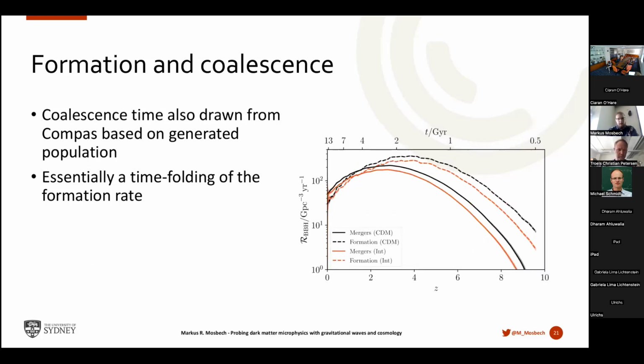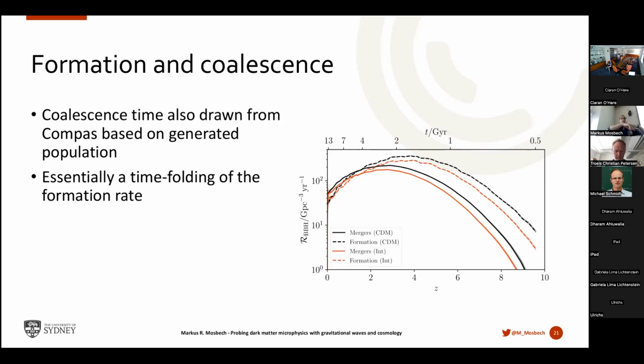So if we try to compare the formation of the black holes and when they coalesce, we get the binary merger signal. That's essentially a time folding of the signal, because you have some probability of when you form your black hole binary from a stellar binary, how long is it going to live?